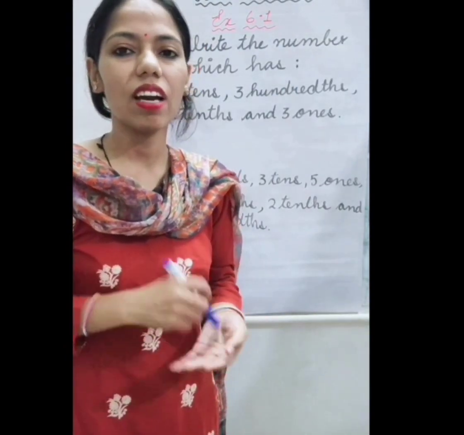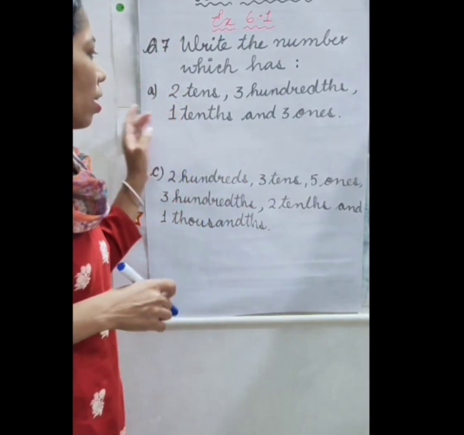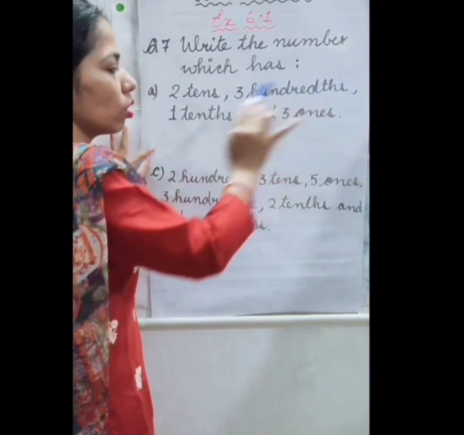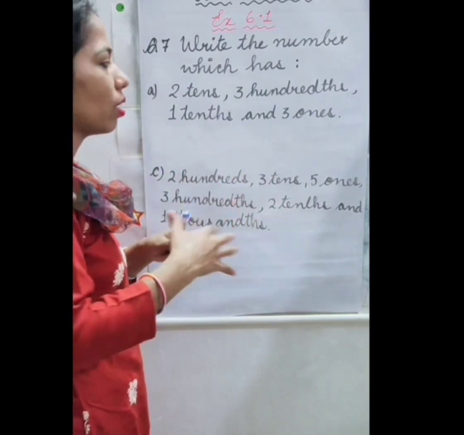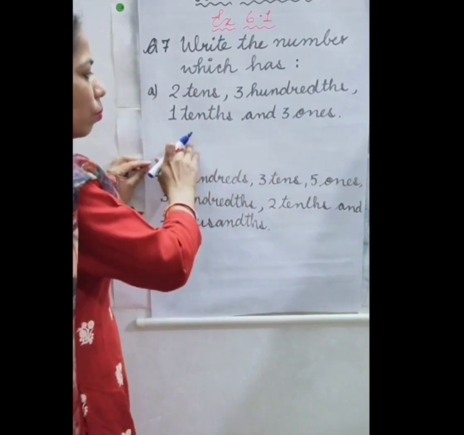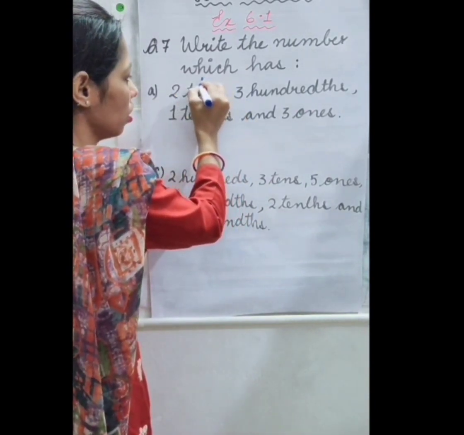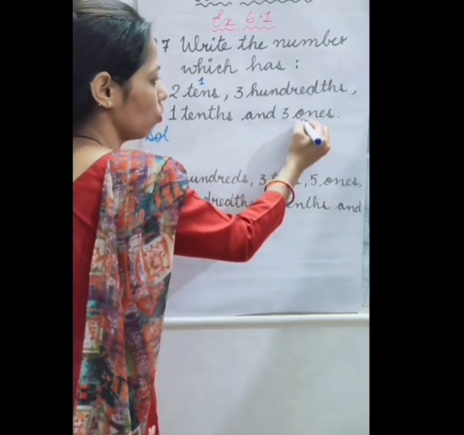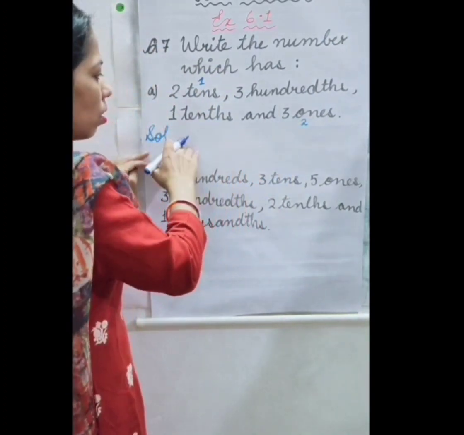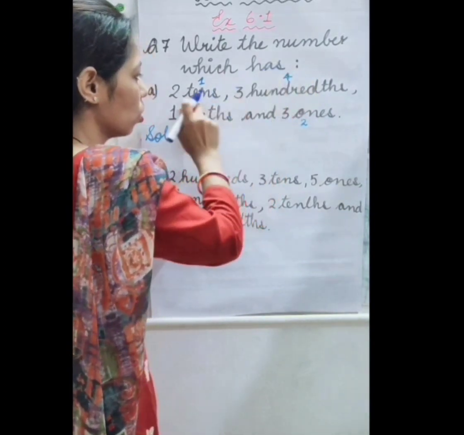A part is 2 tens, 3 hundredths, 1 tens and 3 ones. As we can see, these are not in proper sequence. All the numbers are in a random manner. So let's do numbering. First tens will come, then ones, then tenths and hundredths.